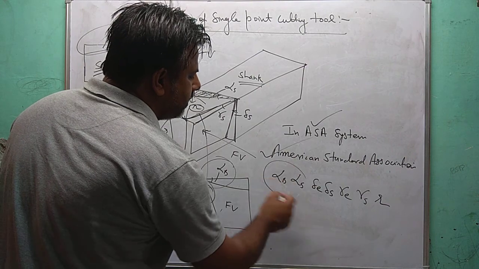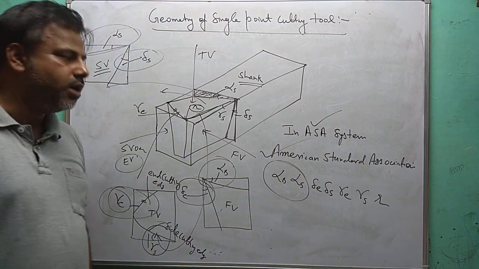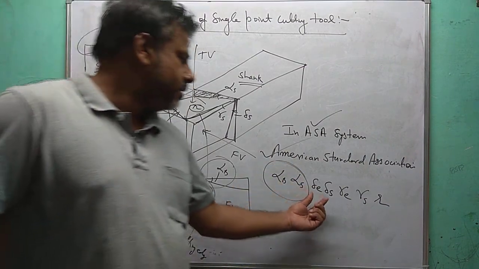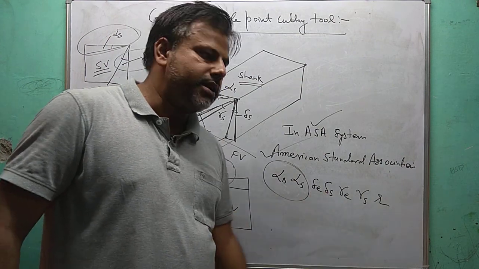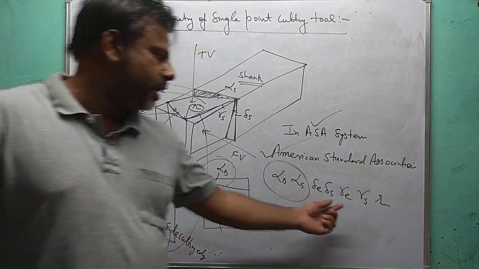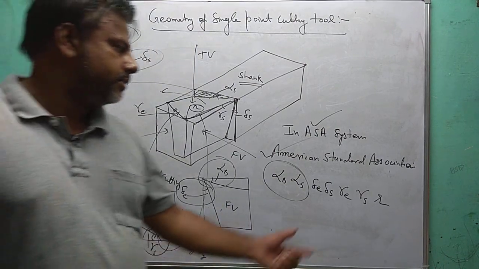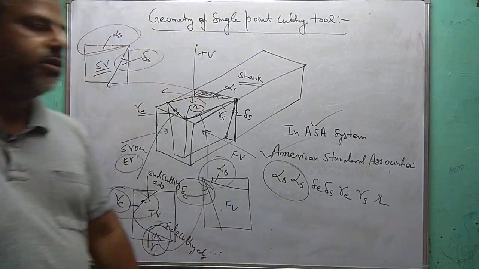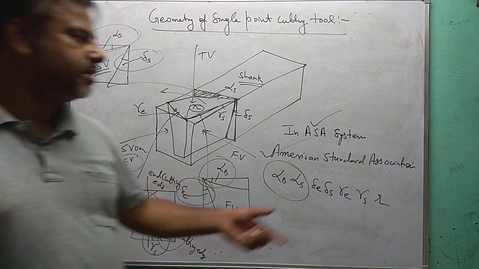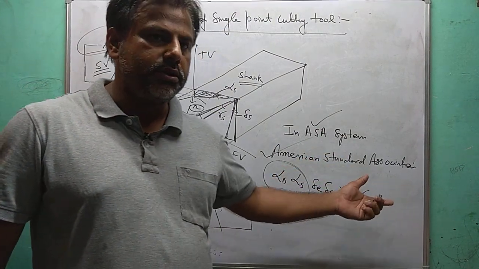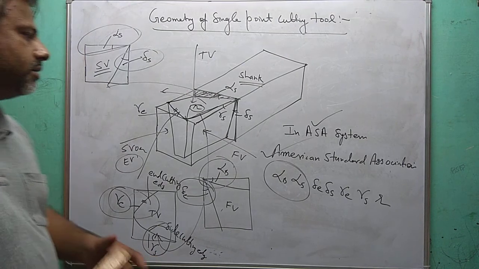The optimum rake angle range varies from -5 to 10 degrees, the end or side clearance angle varies from 7 to 15 degrees, and the end or side cutting edge angle varies from 5 to 10 degrees. This is my nose radius, which you may write in inches or in centimeters.